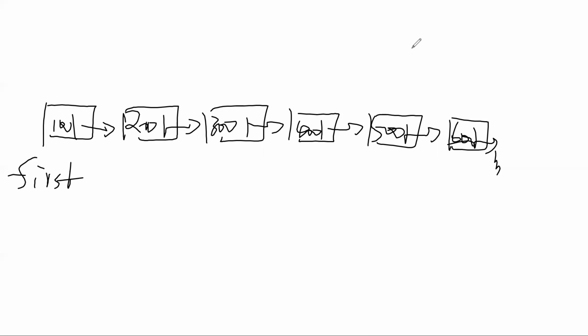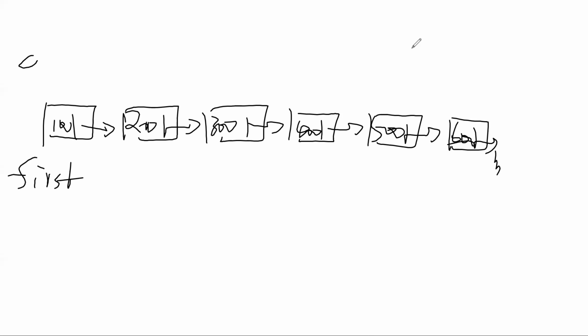You can go through the .next to get to the next node, and then through the next node's .next, get to the next node. Keep doing like this. But that's what we just said, it's not efficient.